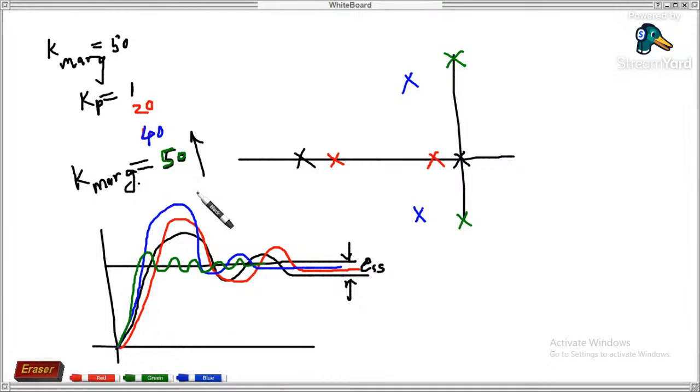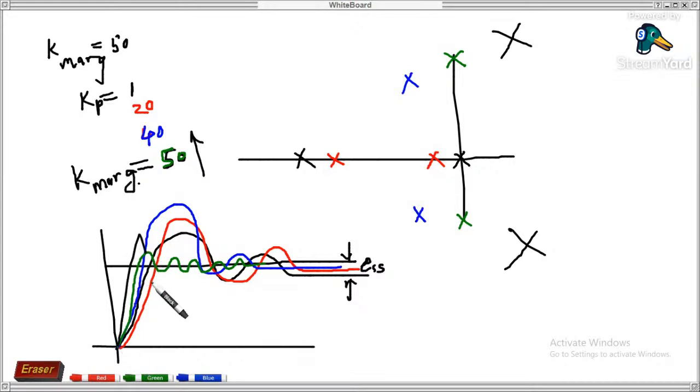Right? Now, if you increase the value of gain K beyond 50, what will happen? These poles, which are on the imaginary axis, will now shift into the right half of the S plane. Once a pole shifts into the right half of the S plane, the system becomes unstable.